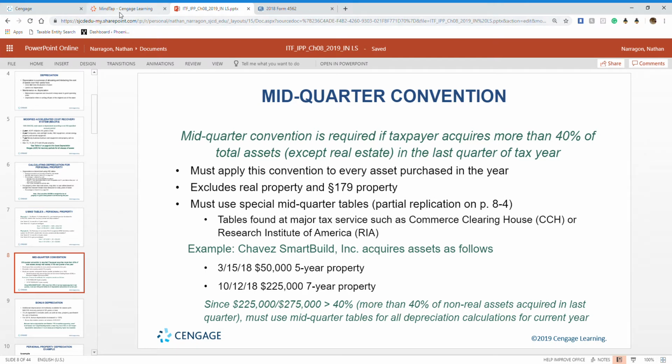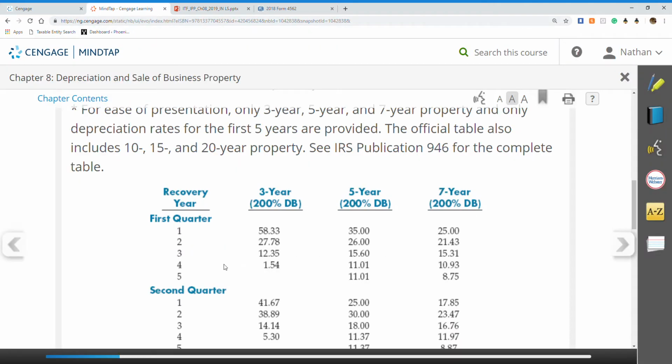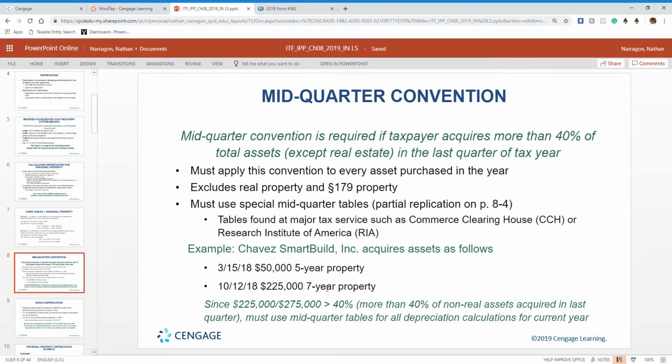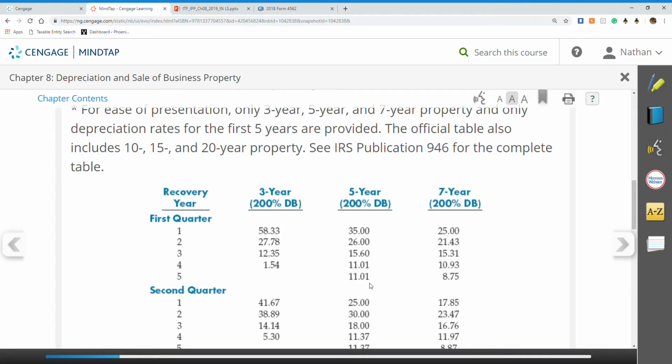So when we use those, we're going to look at here. This is a 7-year. One was the 4th quarter. The other one's 5-year. So find our 5-year. It was done in the 1st quarter. So 1 year. So we take the cost times 35%.